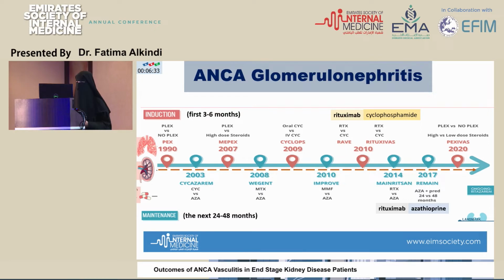Currently, induction therapy is usually given for the first 3 to 6 months, in which rituximab and cyclophosphamide have almost similar efficacy along with steroids, and maintenance therapy is up to 48 months, again azathioprine with prednisolone versus rituximab.